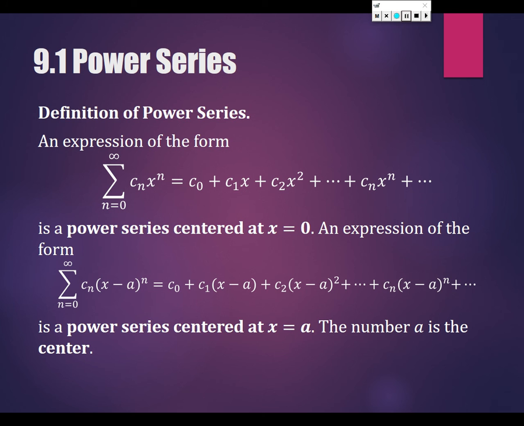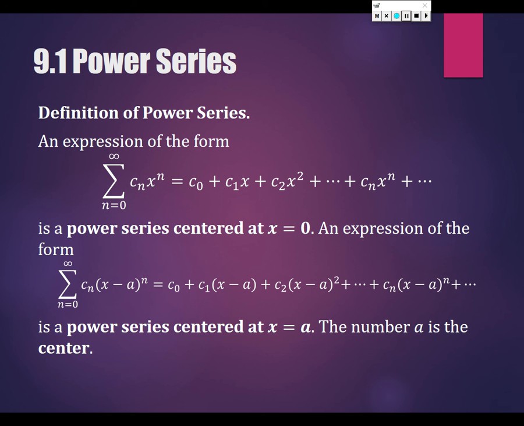That's completely fine. Some of those constants might zero out. But the point is, if you have something that can be written as some real number plus some real number times x plus some real number times x squared, etc., then you have a power series.